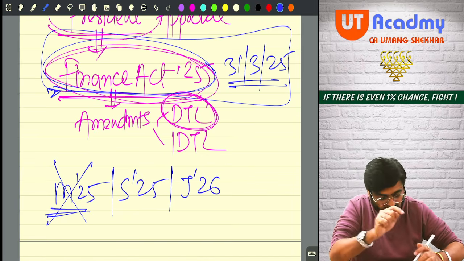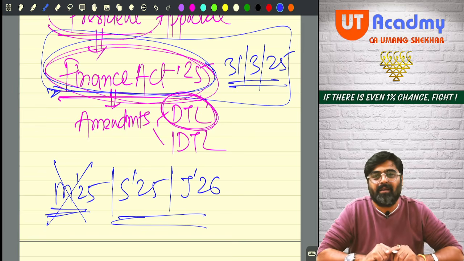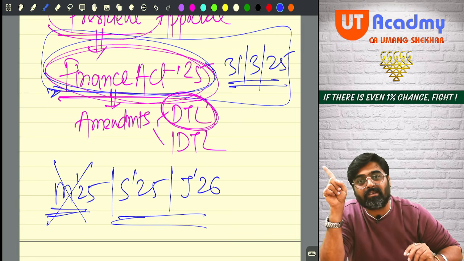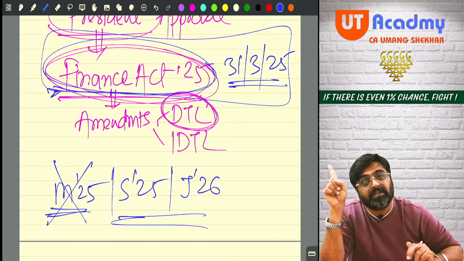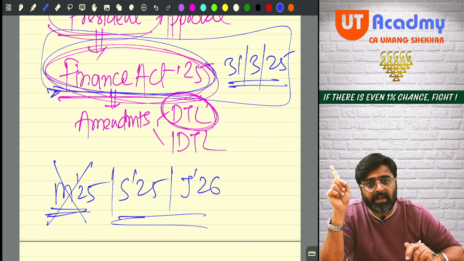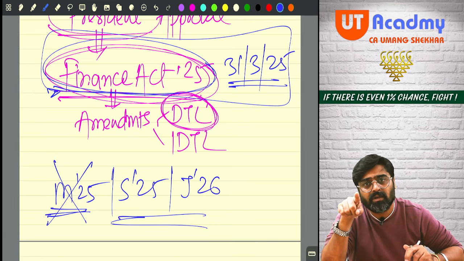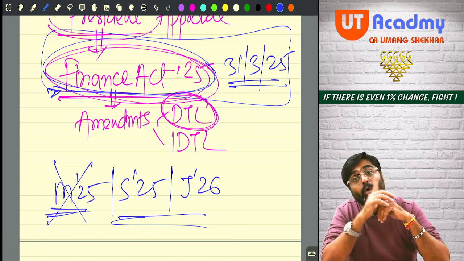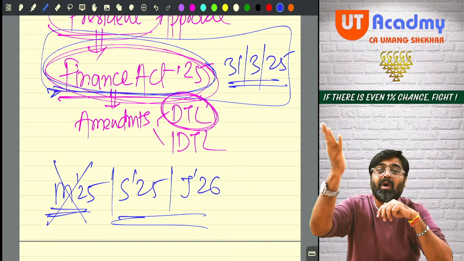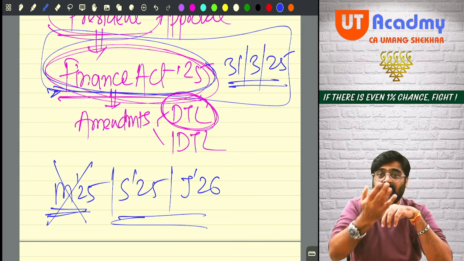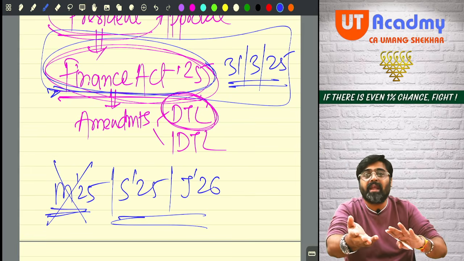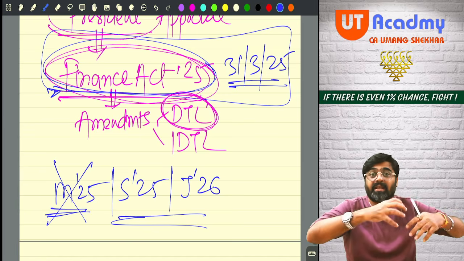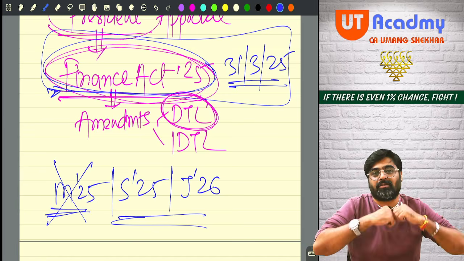And for January students also the same logic is there. January 26 students will be appearing in January 26. They would have given their exam in January 25. January 25 results would have been declared by February or March, and by that time they would have already started their studies as per the old law only. The new law has just been made, and after making this law, to get the law settled in the country, it takes 4 or 5 more months.